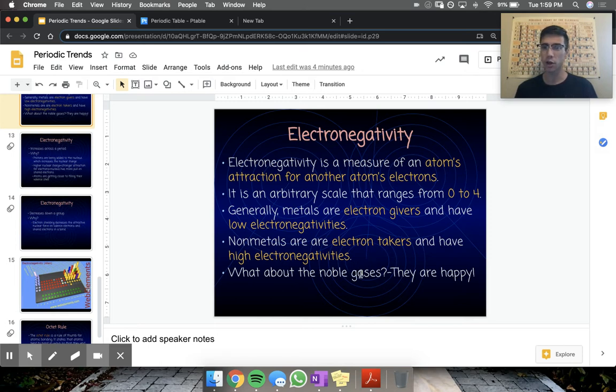We don't really talk about noble gases in terms of electronegativity because, again, keep in mind, noble gases have filled their valence shell. So because there's no space in that valence shell for extra electrons to go, we don't really think of noble gases as having an electronegativity. They also don't form bonds with other stuff.